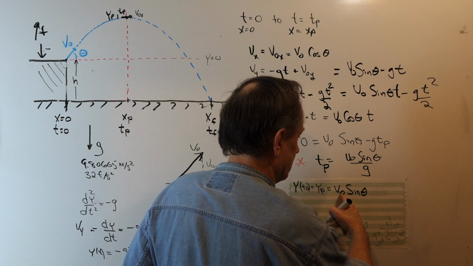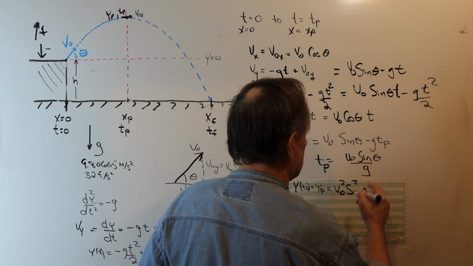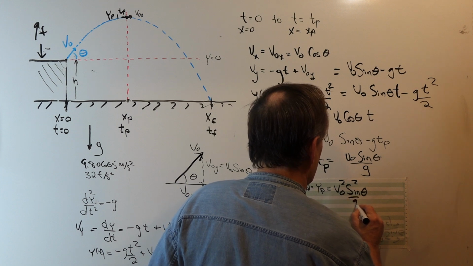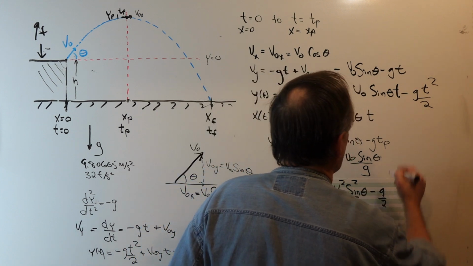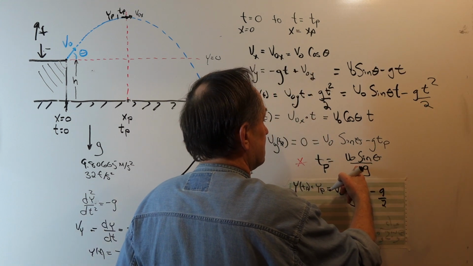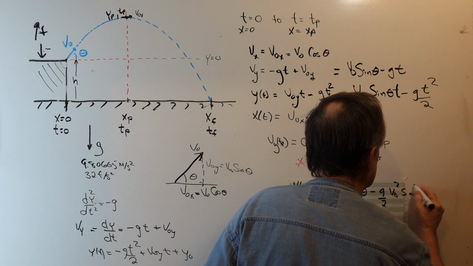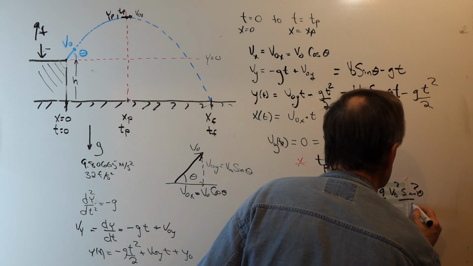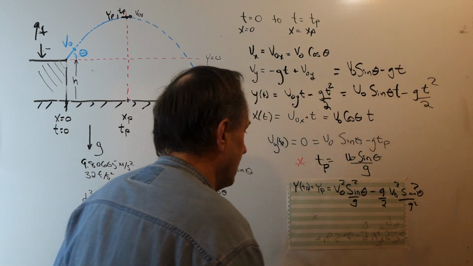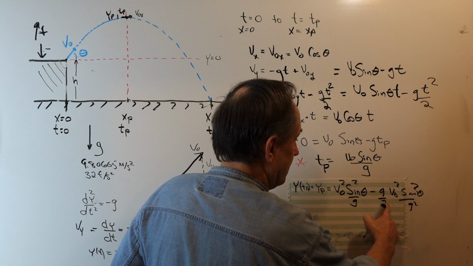So v0 sine theta times v0 sine theta is v0 squared sine squared theta all over g, minus g over 2 times t squared, which is v0 squared sine squared theta all over g squared. Now we can see that these two terms are similar.